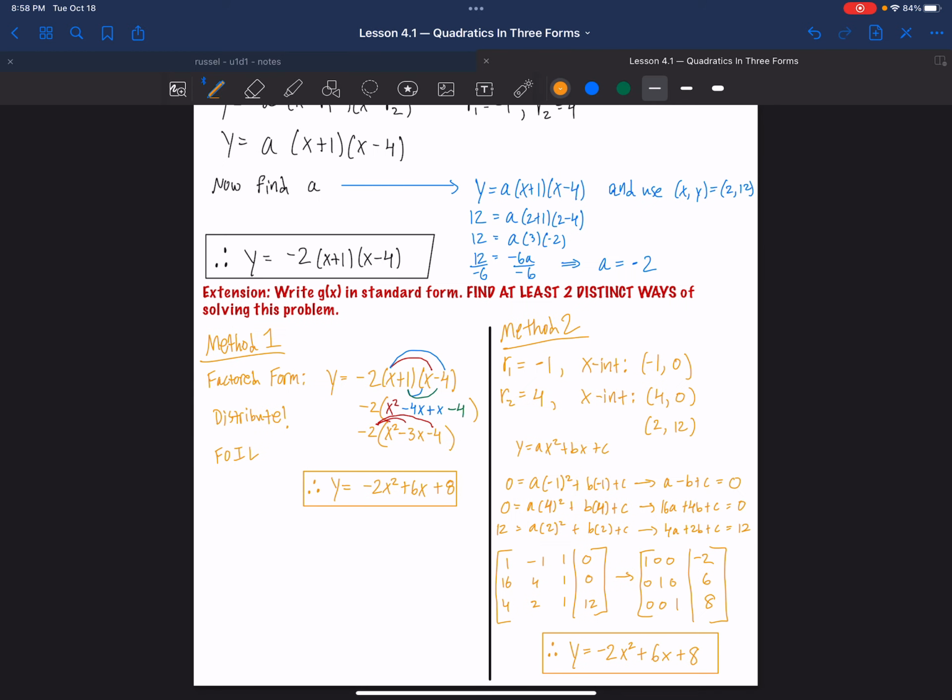So I show you these 2 methods again. I'm just going to restate it one last time to hit it home.